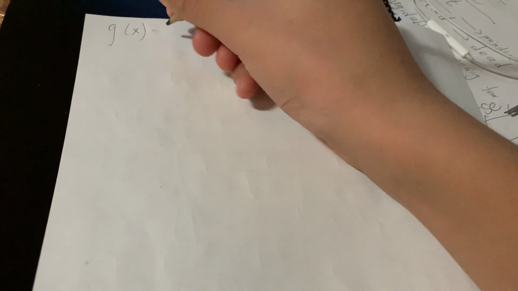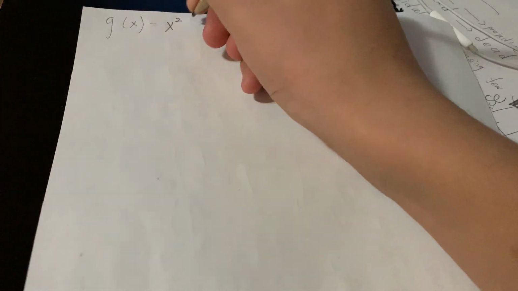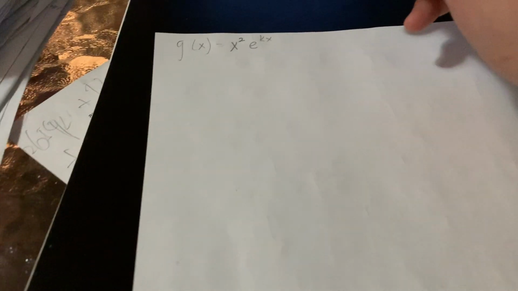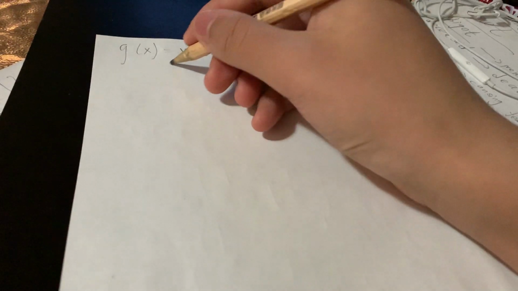So in this case, problem 24: let g be a function given by this, where k is a constant. For what value of k does g have a critical point at x equals 2 divided by 3? So how are we going to do this problem?